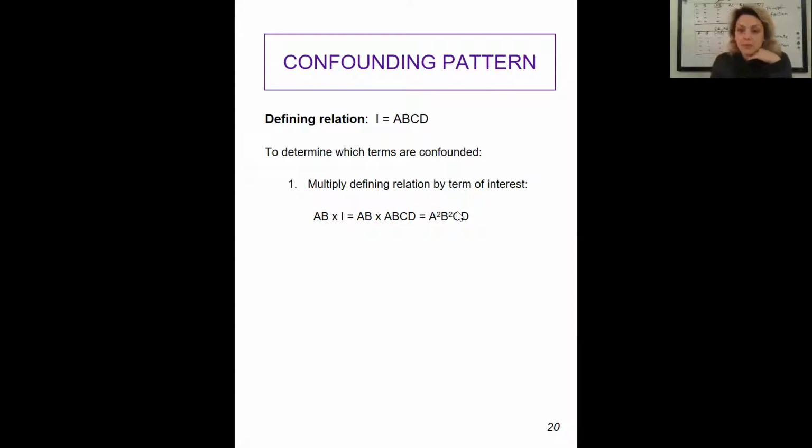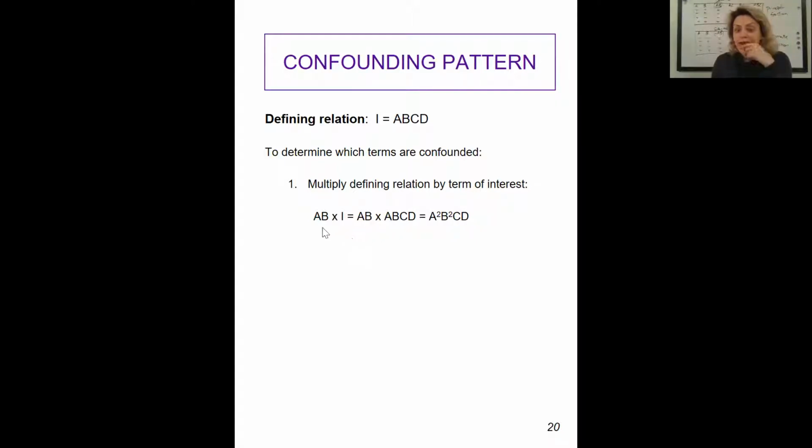It is going to be A times A, which is A squared, B times B, which is B squared, and then CD. Instead of A squared and B squared, you can write down I or 1, and then you would have CD.